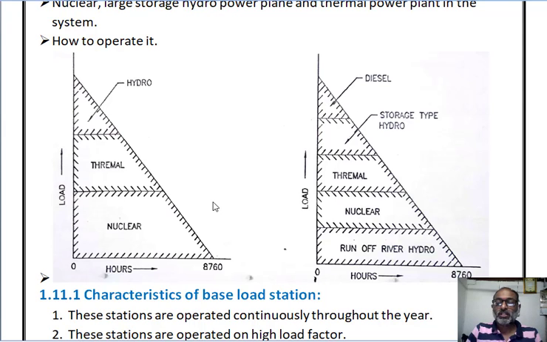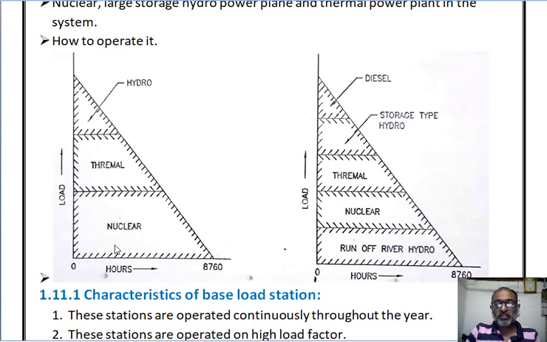So it is most important. If our system consists of a nuclear power station, a limited storage type hydropower station, and a thermal power station, then how do we operate them to minimize the cost per unit generated?